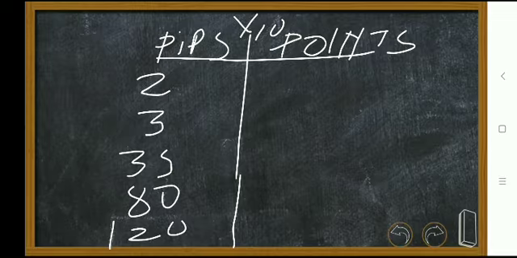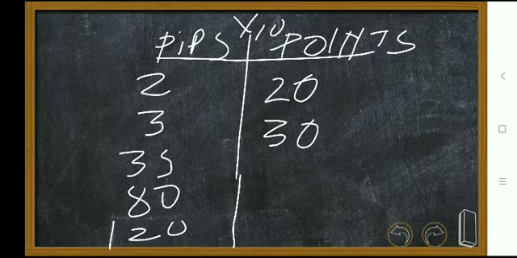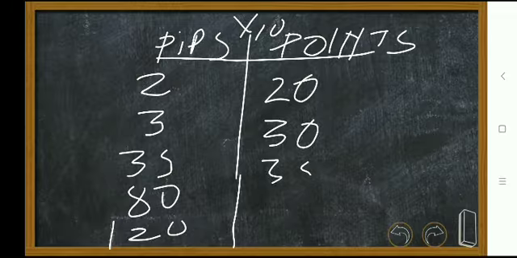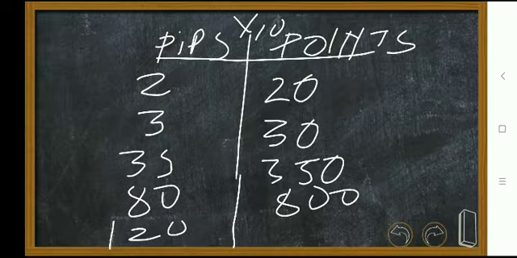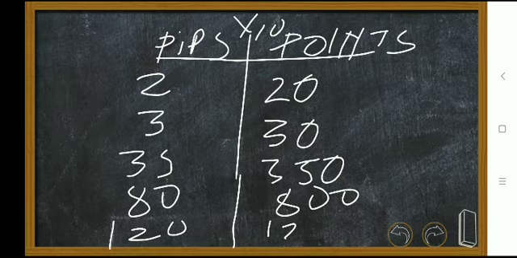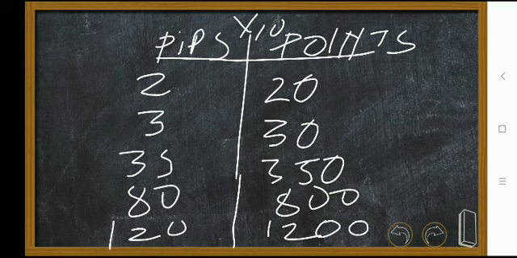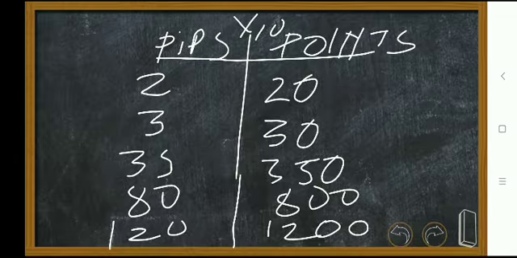So 2 pips will be 20 points. 3 pips will be 30 points. 35 pips will be 350 points. 80 pips will be 800 points. 120 pips will be 1,200 points. So the person who says add 2 pips or do this and that using 2 pips is the same who's saying add 20 points.